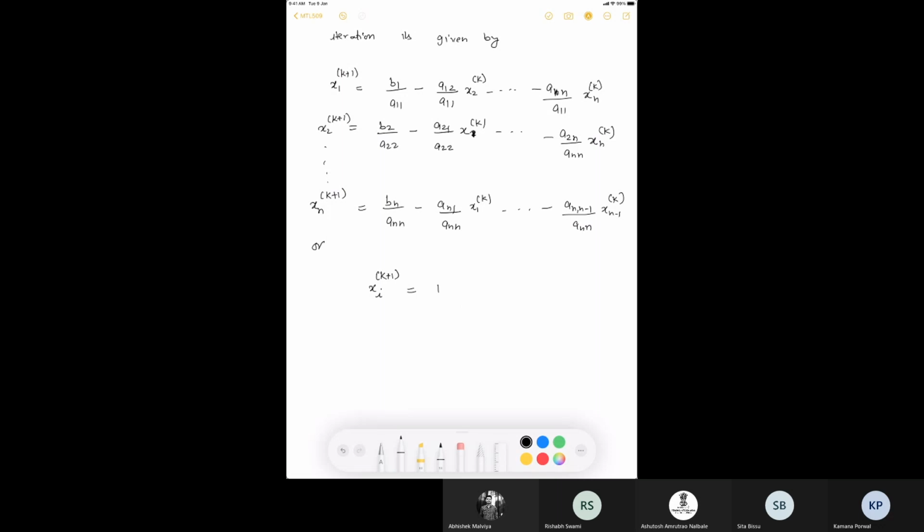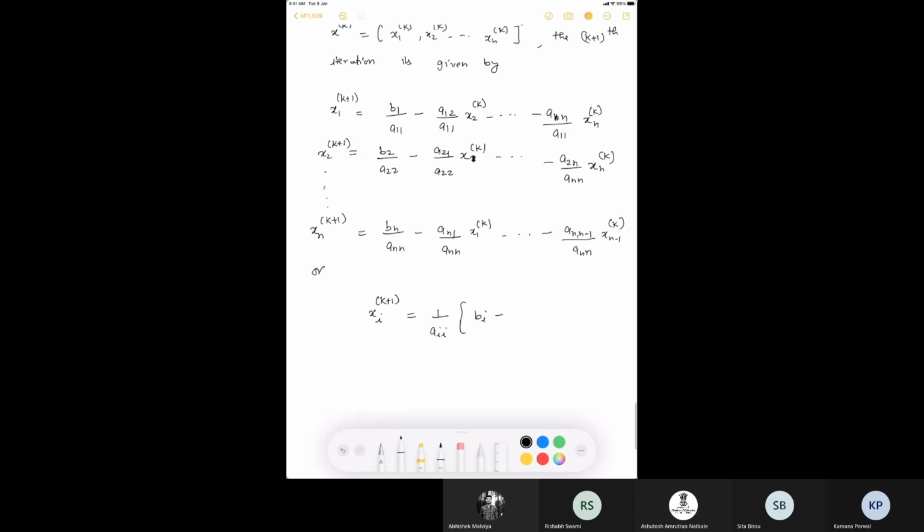So in xi, I'm going to have aii in the denominator. So I'm taking it out. And then it is going to be bi minus, and if you observe the terms on the right hand side, when computing xn, other than xn you have all the components x1 up to xn minus 1, right?